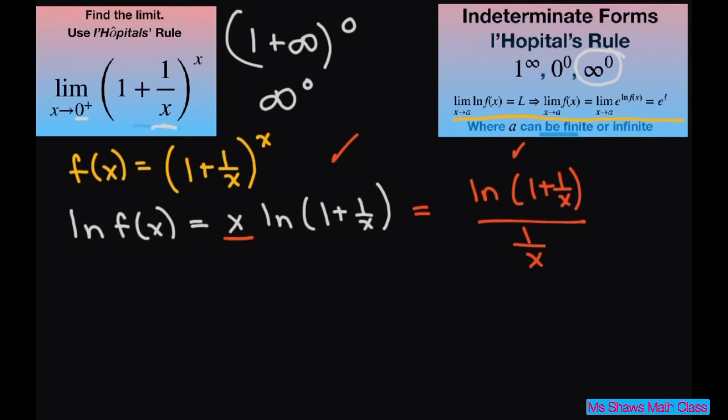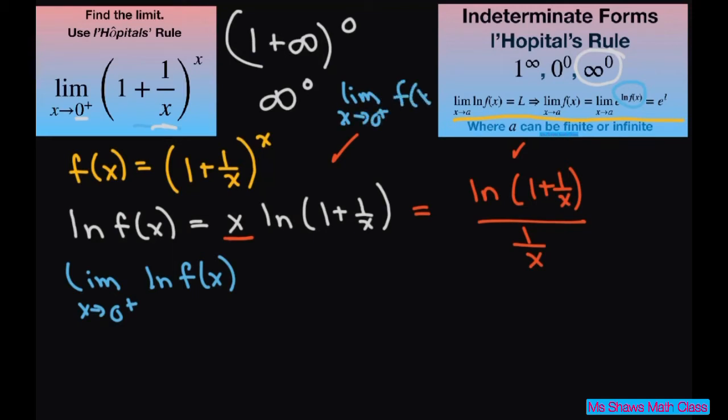Now let's take the limit, and what we're going to find is this limit here. So we're taking the limit as x approaches 0 from the right of ln of f of x. Eventually what we're going to need to know is the limit as x approaches 0 of f of x. So that's why this formula is going to help us out.